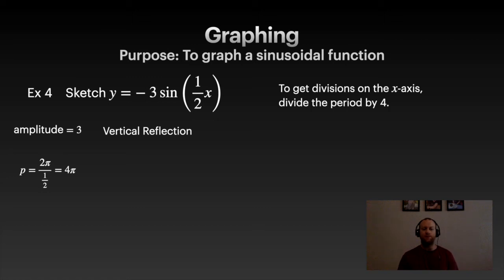I need to be able to represent a point exactly where I want it on the graph, and this is how we're going to figure it out. So to get the divisions, we're going to take the period divided by 4. And that's going to tell me, okay, I have the starting point, and then one division, I will move to the next key point.